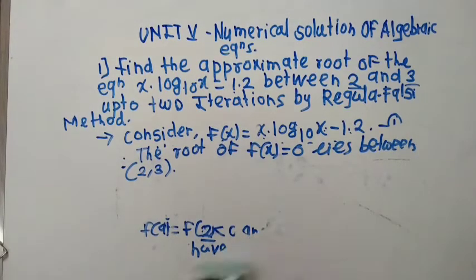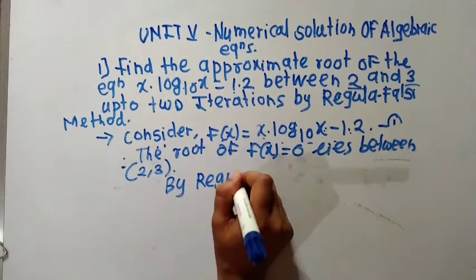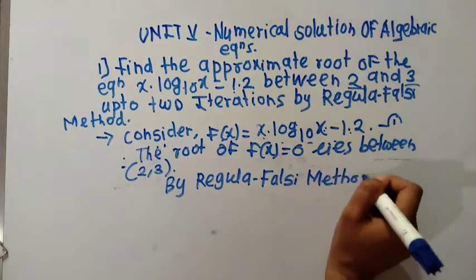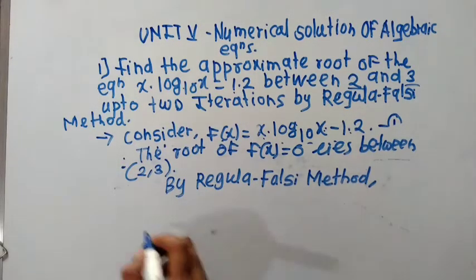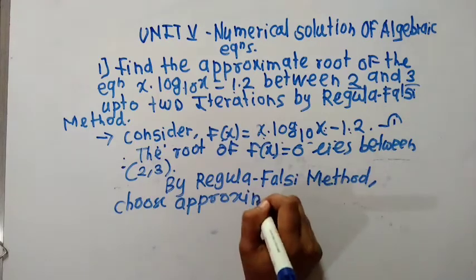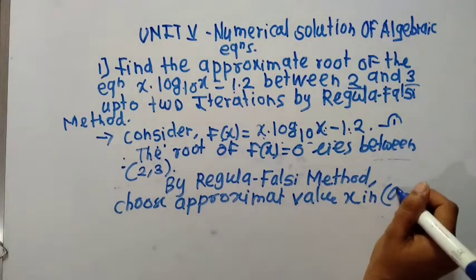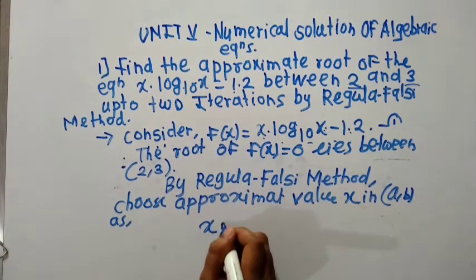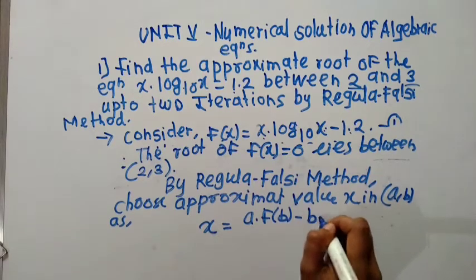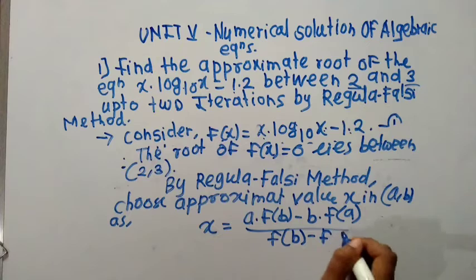Then by Regula Falsi method, choose the approximate value x in the interval ab as x is equal to a into f of b minus b into f of a divided by f of b minus f of a.